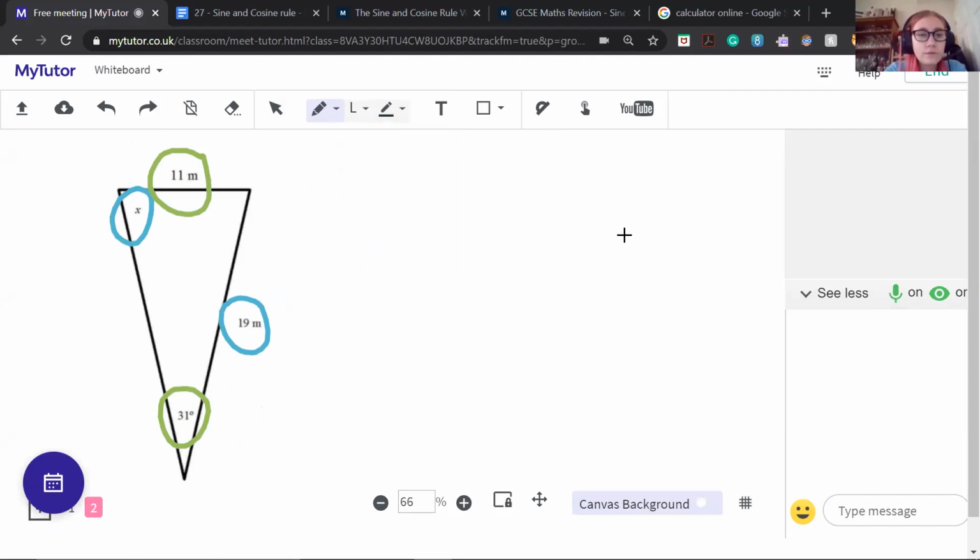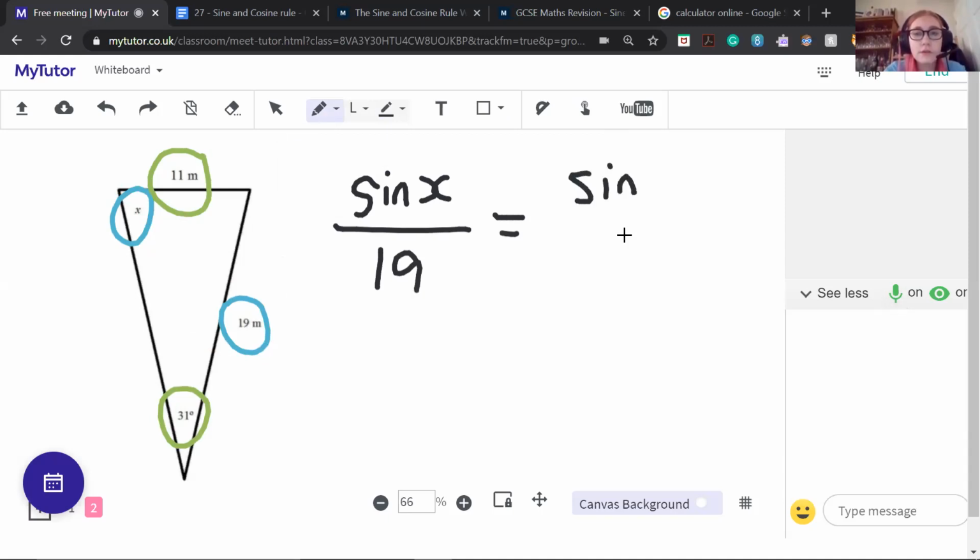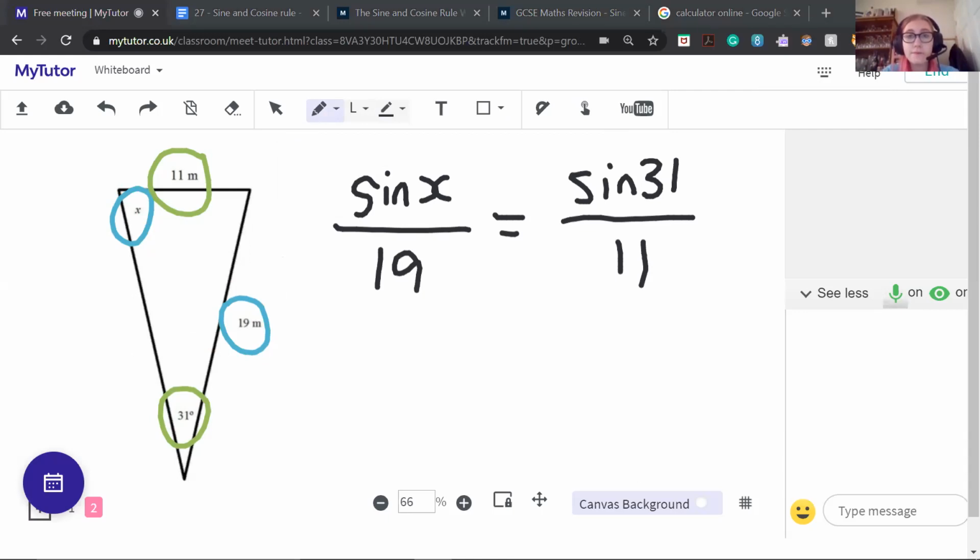So we'll say sine x over 19. Remember, it's always sine of the angle and the corresponding side. So that's equal to sine 31 divided by 11. Hopefully you can see where I got those from. I'm just matching up the sides.